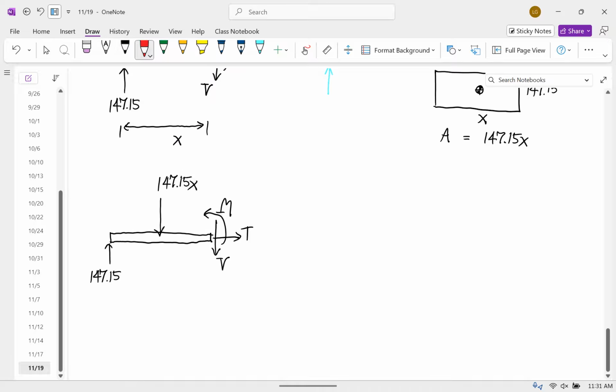And as far as distances, this whole piece has a length of x. So what's the distance from the left end to where that 147.15x is applied? It would be 1 if x was equal to 2. So it's half x, exactly. So x over 2.